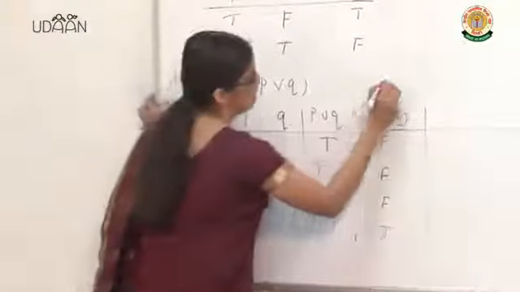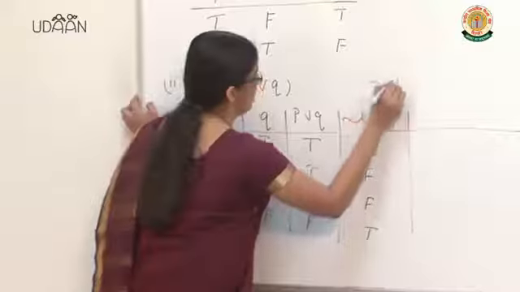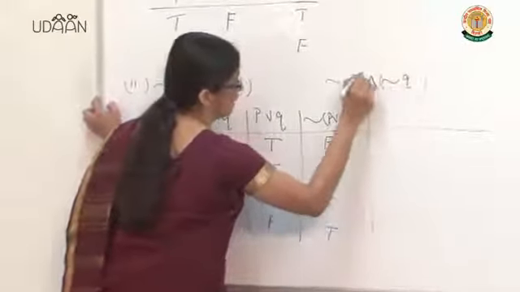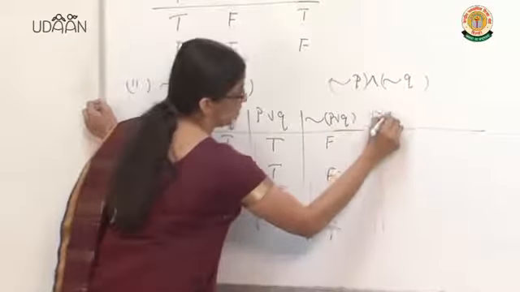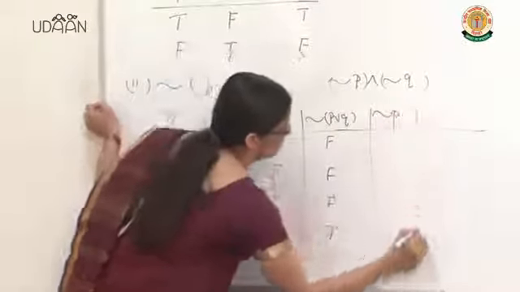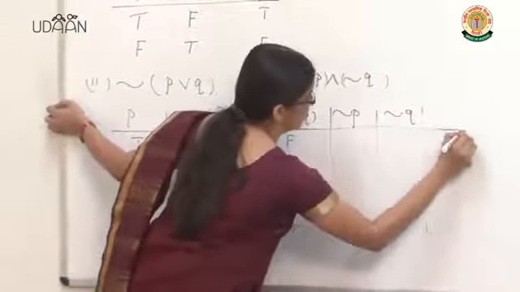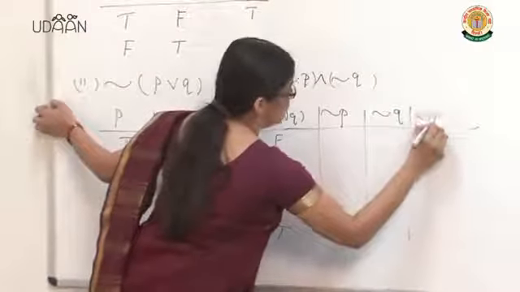Now let us make the truth table for negation of P and negation of Q. Put them in brackets. Let us calculate negation of P, then negation of Q, then connect them by the connective and.